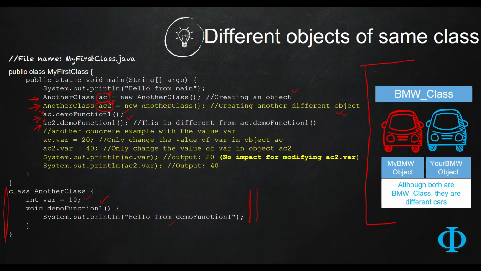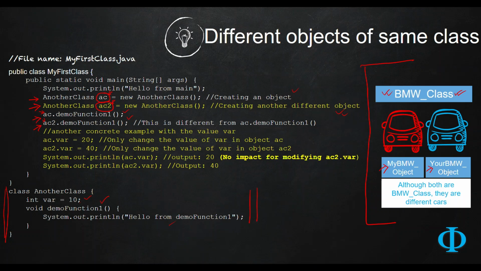Let's say your dream car is a BMW, and you have designed a class for your dream car called the BMW class, and it has all the different attributes. Now let's say that you have got a new BMW, and your friend got another BMW of the same model, which is exactly the same as your dream car.